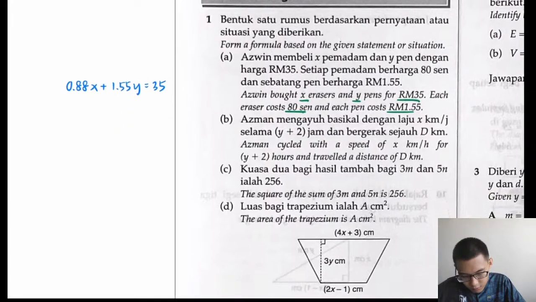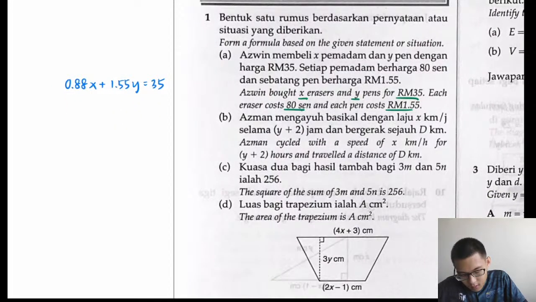Okay, so question b. I cycle with a speed of x km/h for y plus 2 hours, travelling distance d km. This one, I think we need to finish chapter 9 first, then we can answer it.